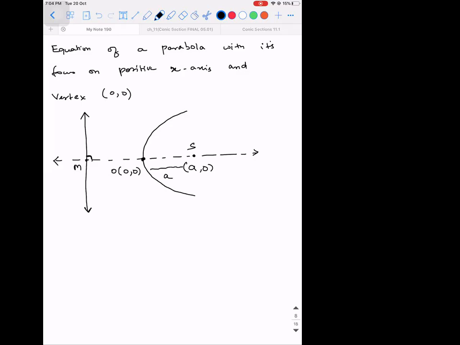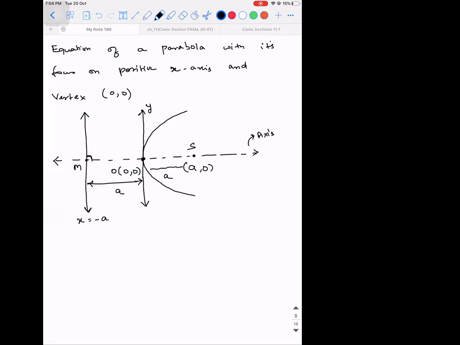Now tell me, what will be the equation of a line which is at a distance a on the left of origin and parallel? Sorry? My mistake, sir. Can you repeat it, please? Your voice broke. Okay.